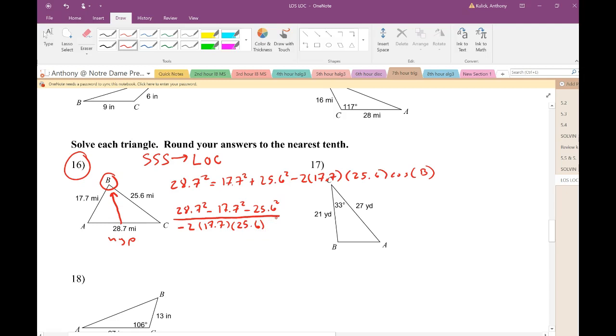And now the cosine B is by itself. And what should I do then? The cosine inverse of the whole thing.